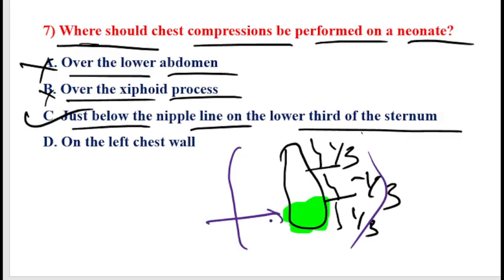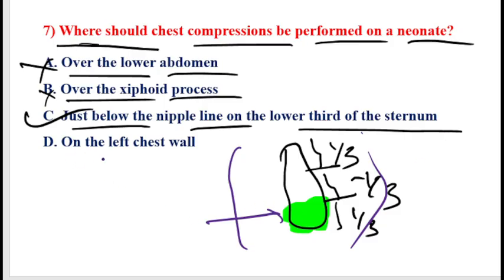The depth should be 1/3 of the anterior posterior diameter of the chest. So where should the chest compression be performed in the neonate? Just below the nipple line, that is the lower 1/3 of the sternum.